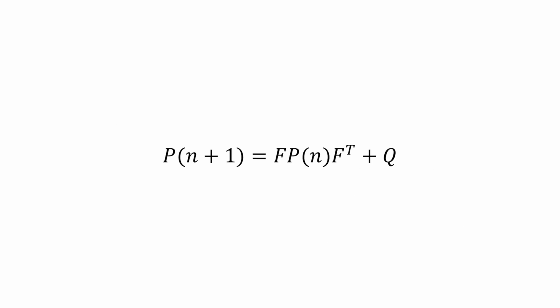If you have a state extrapolation equation, you also have a covariance extrapolation equation, or uncertainty of the state extrapolation equation. Long names, but it's just for you to know how we call them.